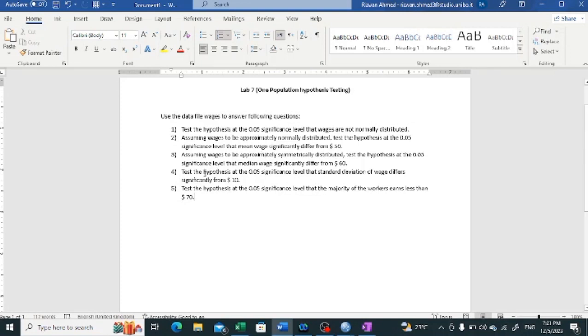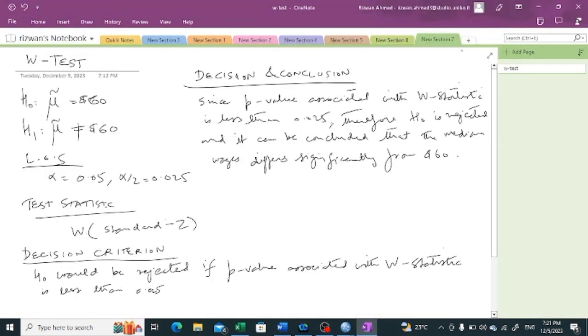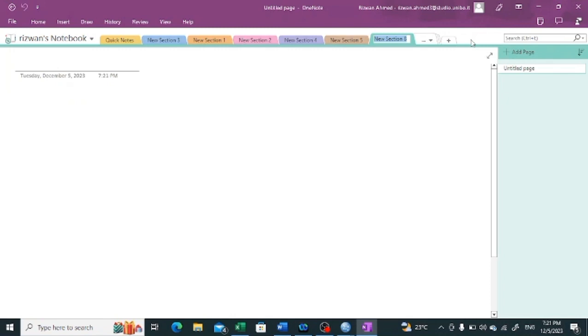Part 4, and question number 4 says: test the hypothesis at 0.05 significance level that the standard deviation of wage differs significantly from $10. So first of all, we are going to do the write-up for this.